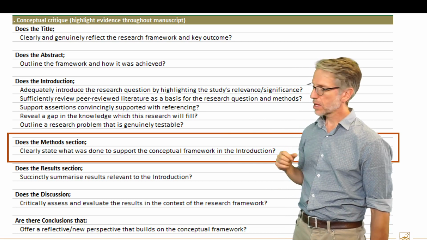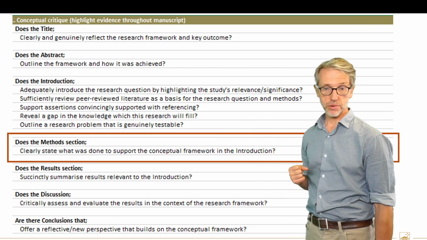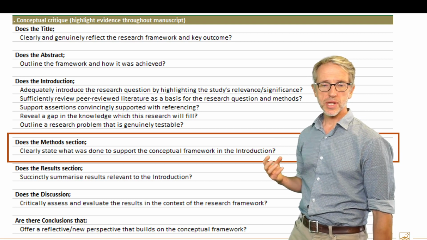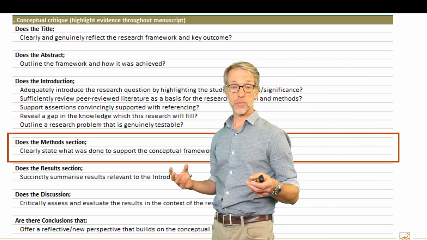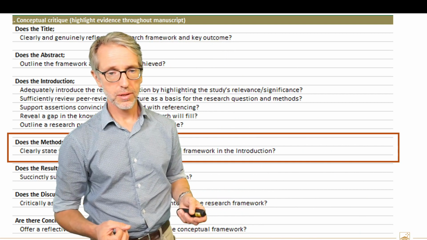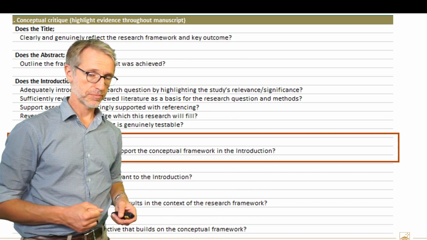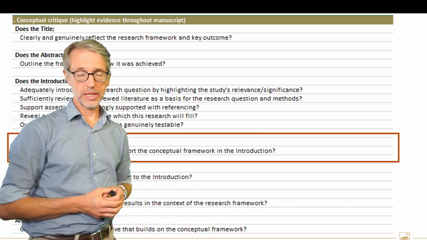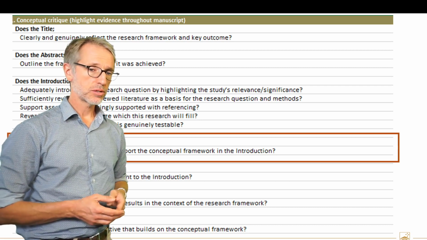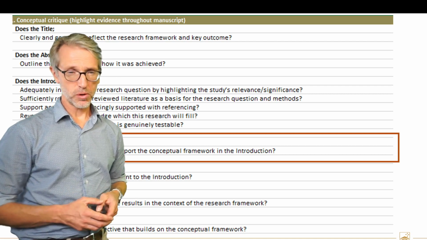Now, when you read the method section, read it from a conceptual point of view at least, read it to understand what was done, or rather what is written there, and whether it supports the conceptual framework laid out in the introduction. So does the writing, first of all, in the method section support that framework? And second, do the methods that the authors describe support that framework as well?